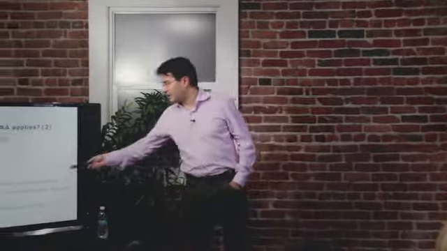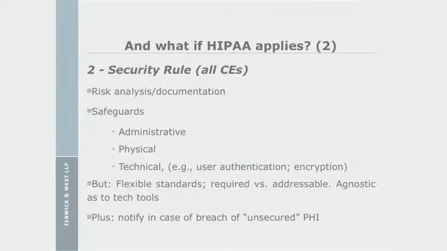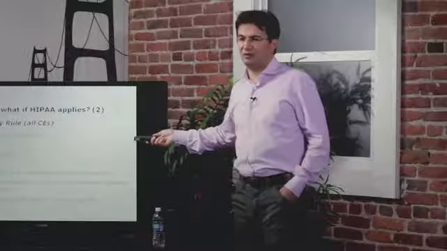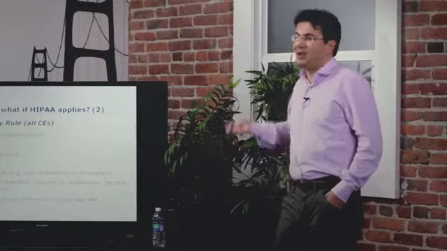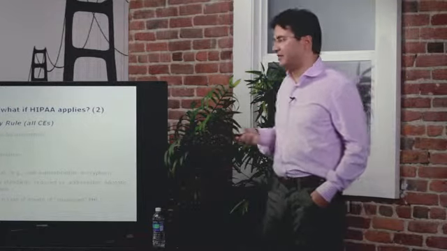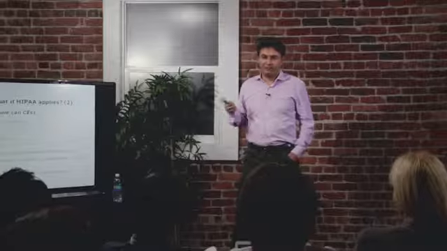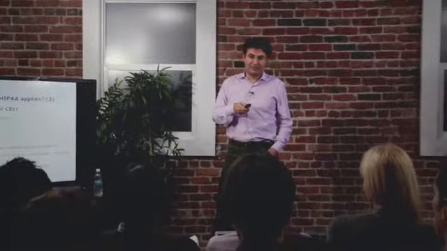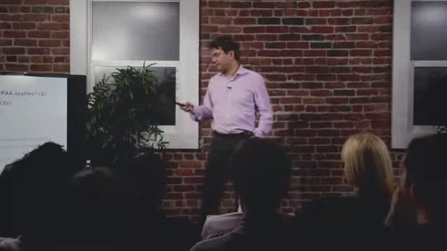One of the key distinctions is measures that are required versus addressable. Encryption is a good example. It's only addressable, which as a legal matter means you don't necessarily have to implement an encryption method under HIPAA. It might make sense to do that, in which case you have to do that, but it might not make sense, depending on the business model, type of data, type of sharing that you do.